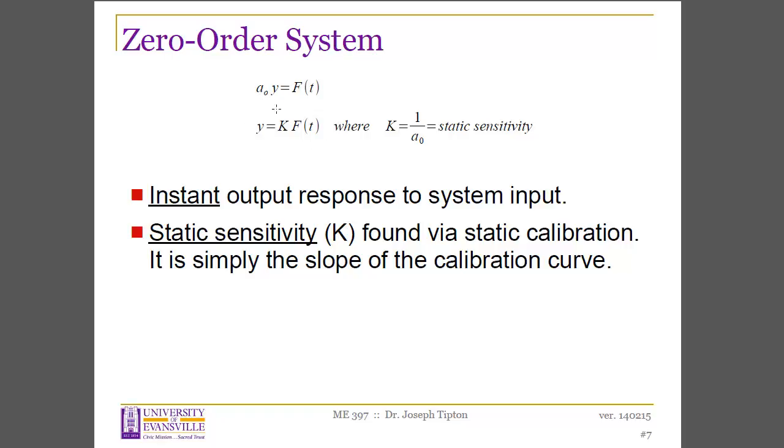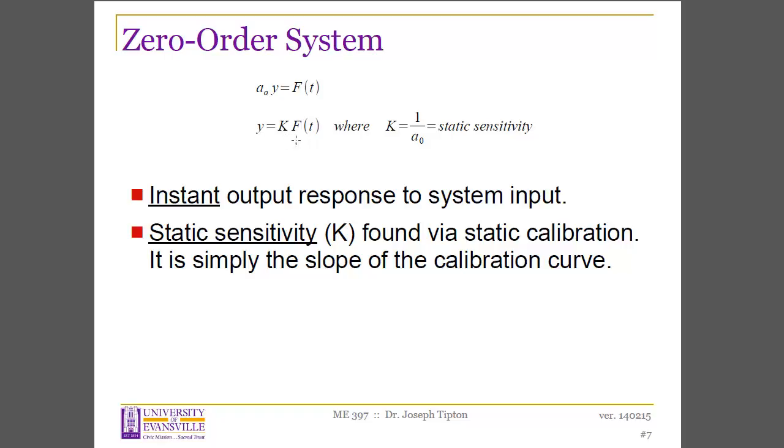So we'll divide through by the constant, and we end up with y equals 1 over the constant times the input signal. And we'll call that k. And now this looks just like our static system sensitivity, right? We have y, which is our output from the measurement system, and we say it looks like the input times the sensitivity.